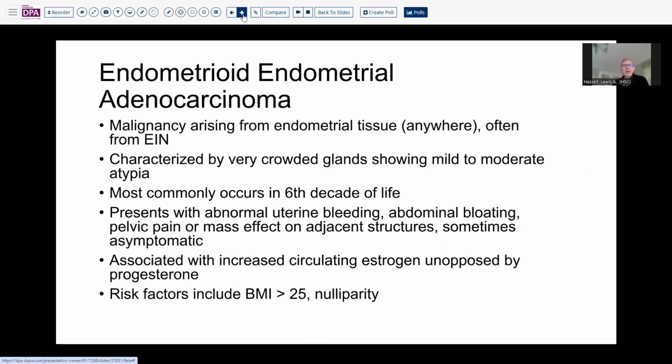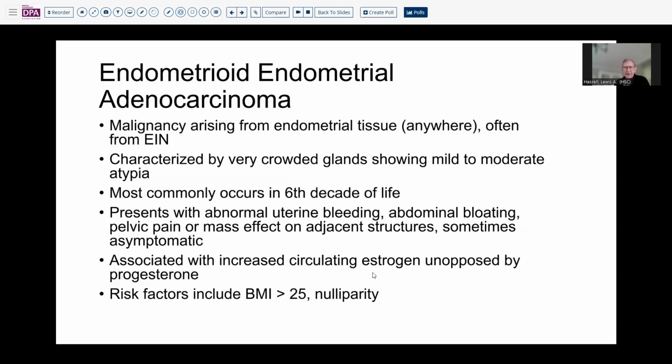All right. So, endometrial adenocarcinoma most commonly fits into the low-grade type of lesions, the FIGO grades 1 and 2. And these show, as we've seen in EIN, crowded glands with cytologic atypia. These are usually perimenopausal and postmenopausal patients in their 50s and 60s, and they present usually with bleeding, some degree of bloating or mass effect, depending on the degree of invasive tumor.